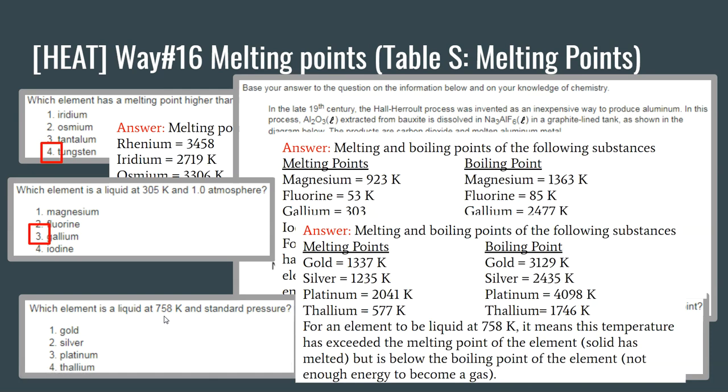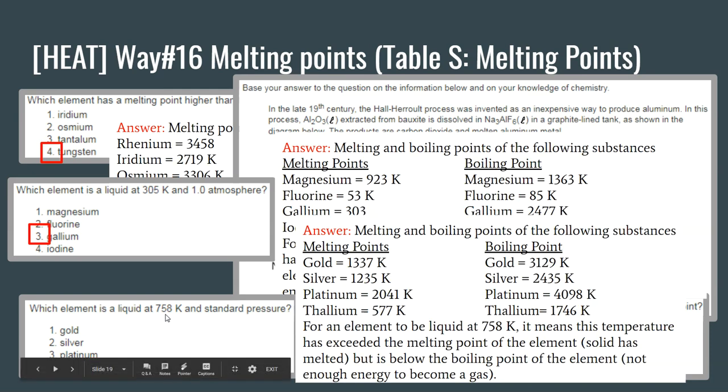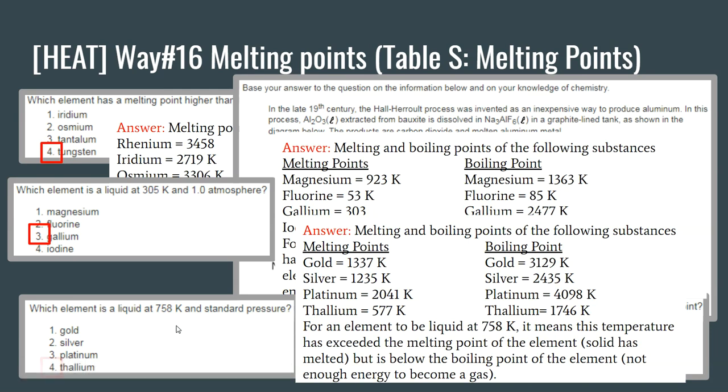However, this temperature falls beneath the boiling point. So we're looking for an element whose melting and boiling points bracket 758 K. And we see that the only one that fits that criteria is thallium.